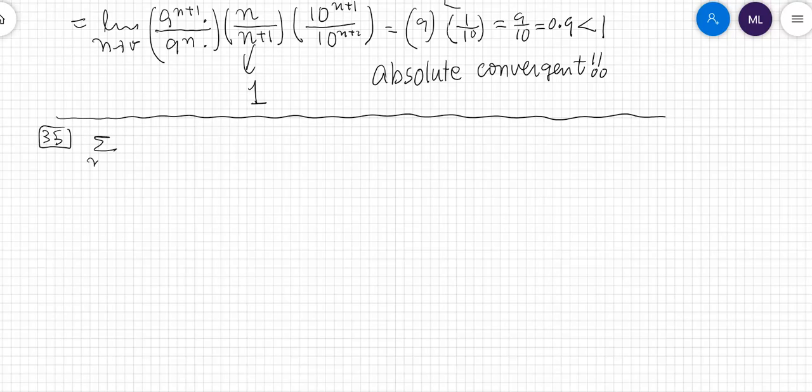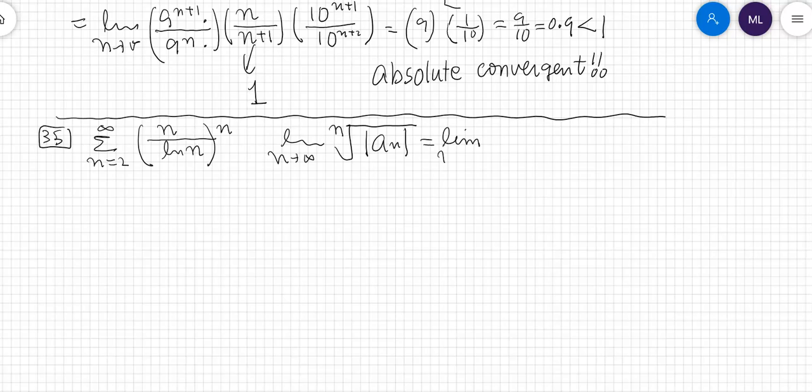Okay, summation n equals 2 to infinity, n over ln n, to the n power. Okay, so the limit as n goes to infinity of the nth root of an. This is the limit as n goes to infinity of n over ln of n.